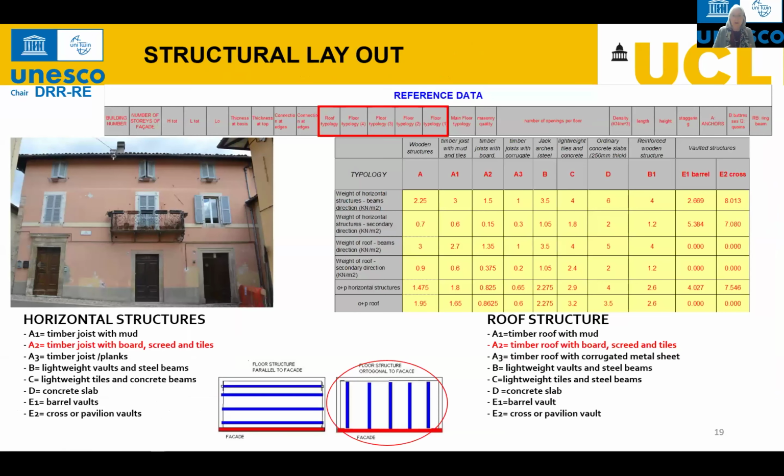The next element of information, as I said earlier, is that we need to define the horizontal structures and the roof structures, and we also need to define the way in which the structures are laid out, i.e. if they are laid orthogonal to the facade and therefore they actually load the facade, or if they are parallel to the facade and therefore their load goes onto the party walls mainly, or if they are concrete slabs, they will share their load onto both sets of walls.